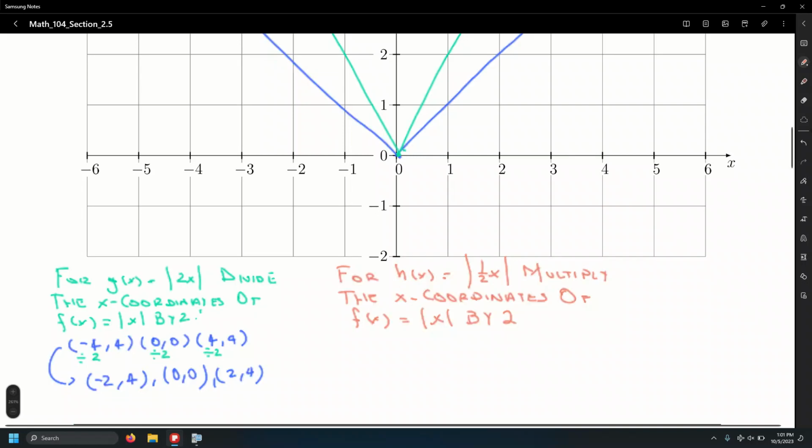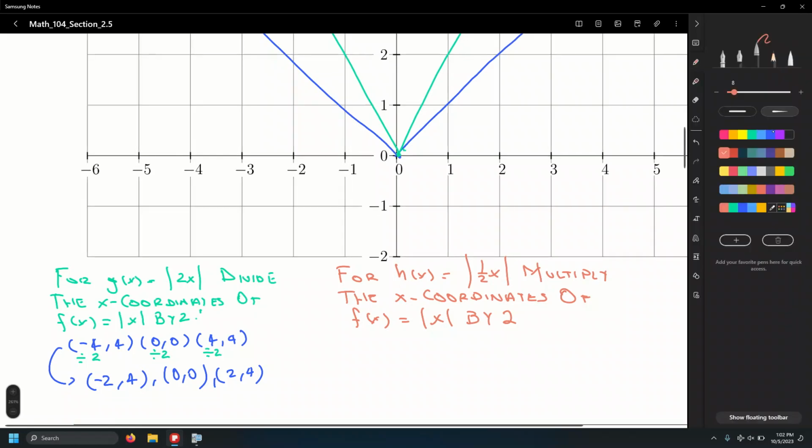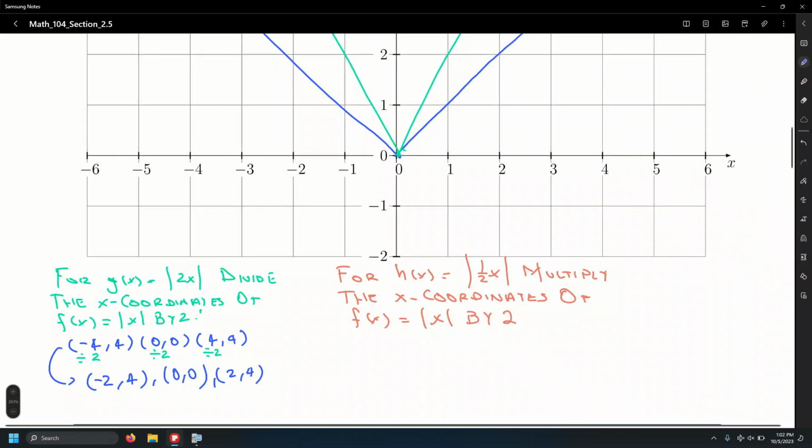That is, I'm going to start with the points on the original function that I chose, in this case -4, 4, 0, 0, and 4, 4. I could have used more points, maybe -2, 2 and also 2, 2, but I think 3 points here are more than enough to give us a good picture of this function, by the way.